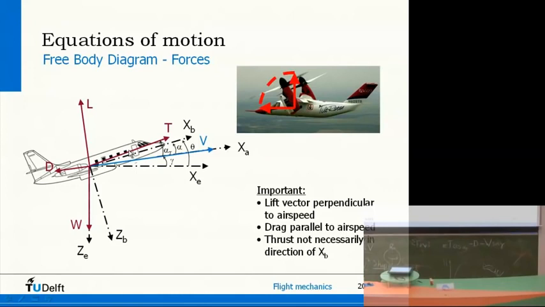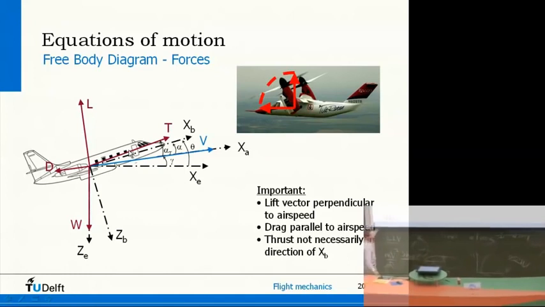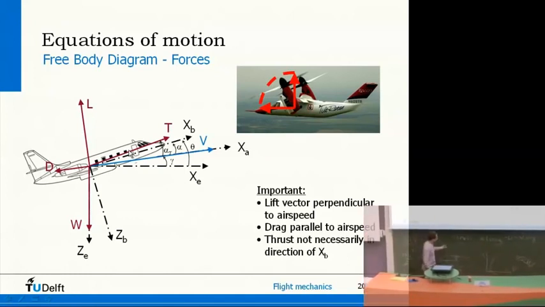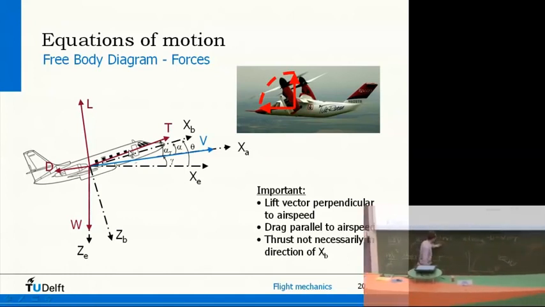Now, I can do the same thing, but then perpendicular to the airspeed. So the sum of the forces perpendicular to the airspeed vector are as follows. By definition, lift is perpendicular to airspeed. So we have lift. Now the weight is pointing downwards, and there's again this angle between the ZA axis and the moving Earth axis.